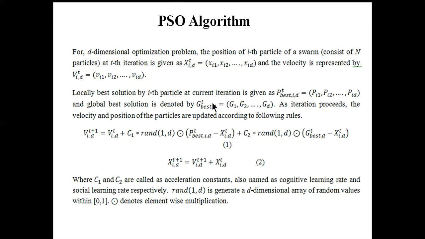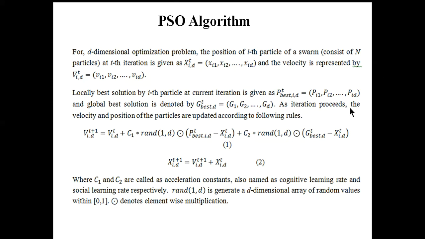So we also define them here. The locally best solution is given by p_id^t: at iteration t for the ith particle, it is given by p_i1, p_i2, up to p_id. And the globally best solution is given by g_d^t equal to g_1, g_2, up to g_d. Again, as the problem is d-dimensional, velocity, position, locally best solution and globally best solution each should have d number of variables.